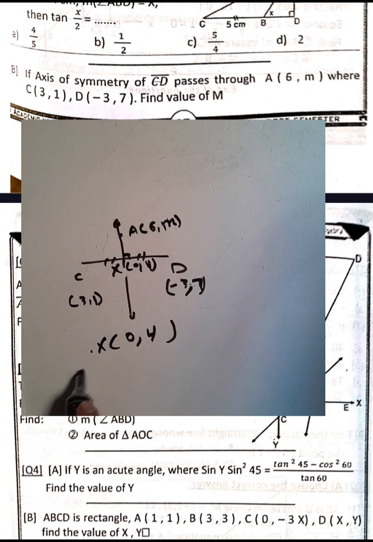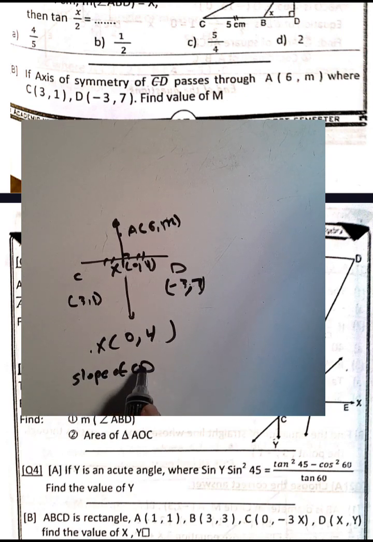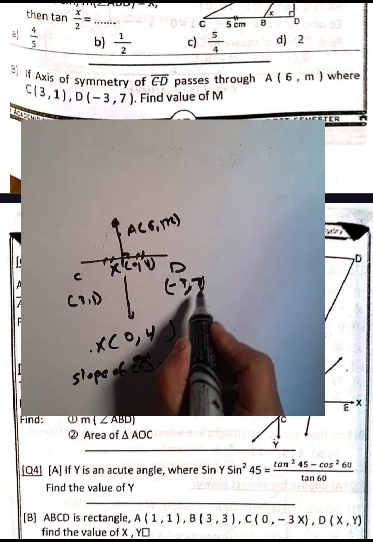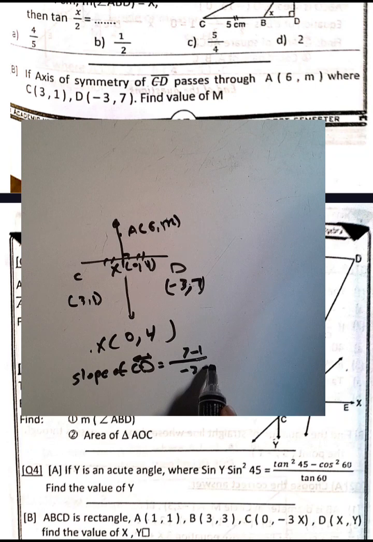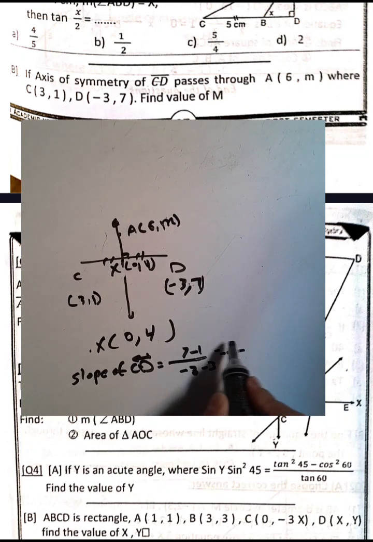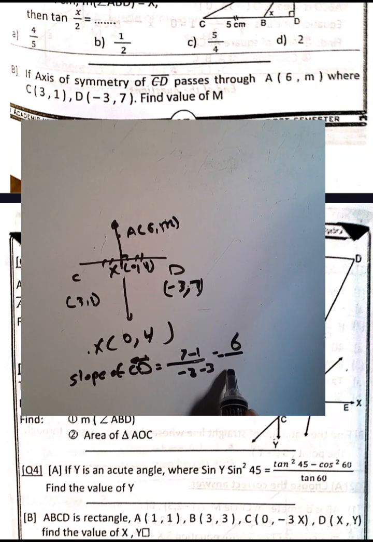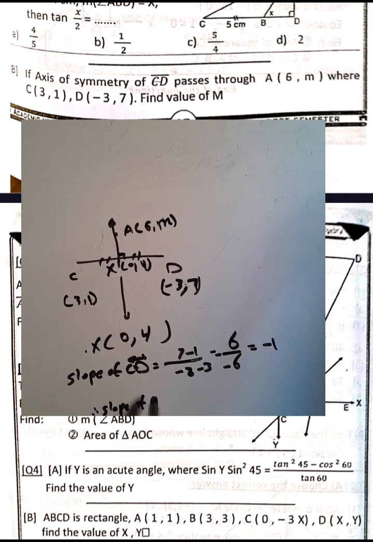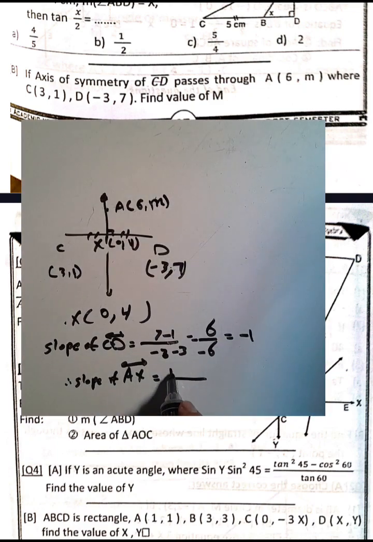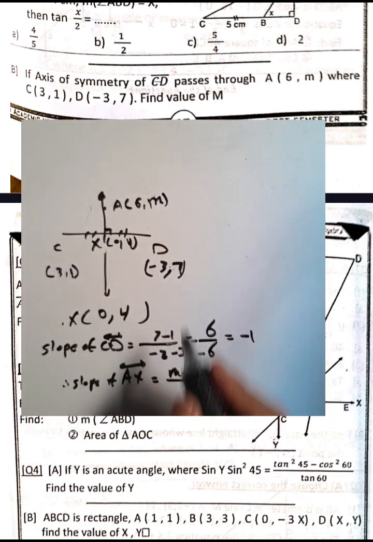Then you can find the slope of CD. It will be 7 minus 1 over negative 3 minus 3. 7 minus 1 will be 6, over negative 3 minus 3, which will be negative 6. The result will be negative 1. That is the slope of CD, and then you can find the slope of the straight line AX. It's the line of symmetry. For the straight line AX, you can find the slope: M minus 4 over 6 minus 0.